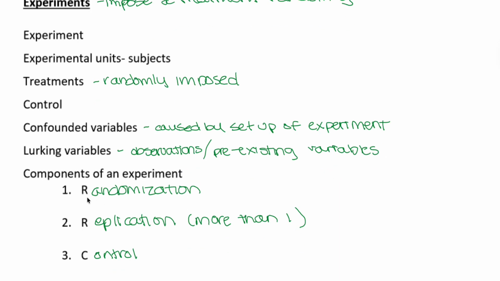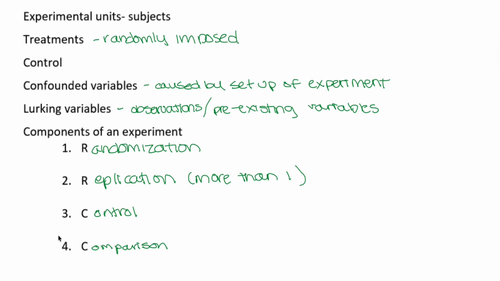Components of an experiment will be those four: randomization, replication, control, and comparison. Randomization, as I repeat again and again, just means you randomly assign samples or randomly pick groups, experimental units. Replication is you do the trial more than one time. That's pretty important because we cannot guarantee that if we do it once, there are no lurking variables or confounded variables.